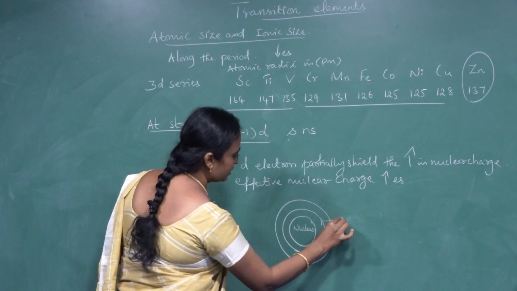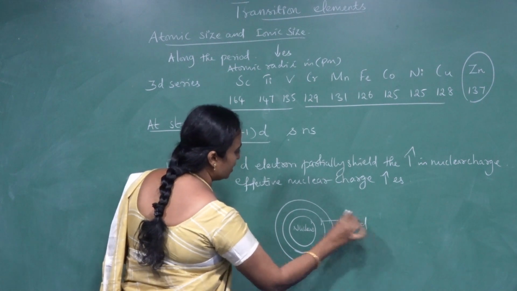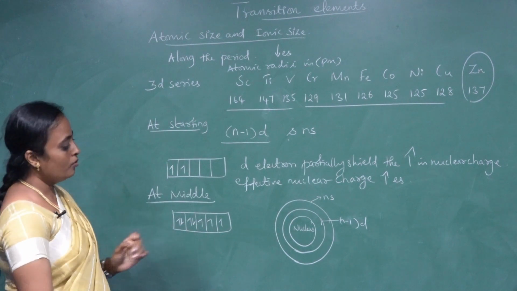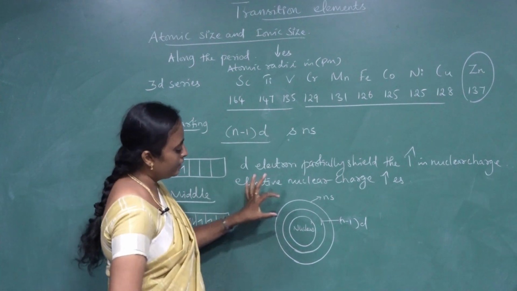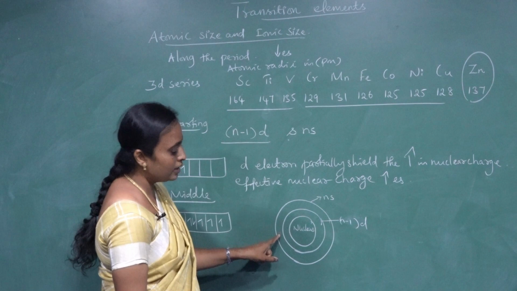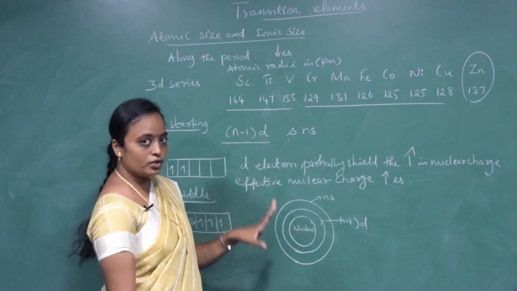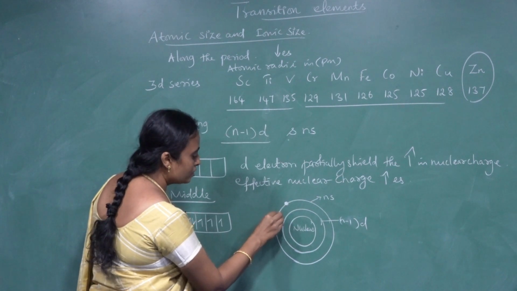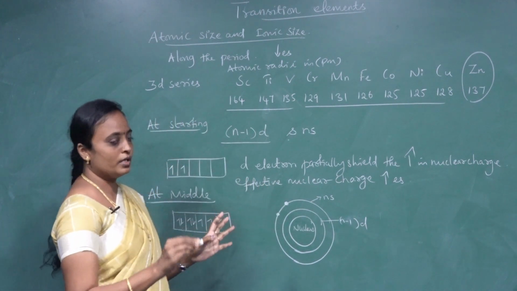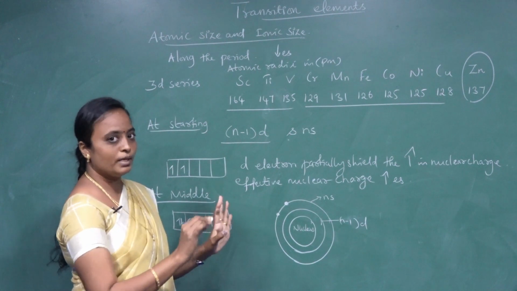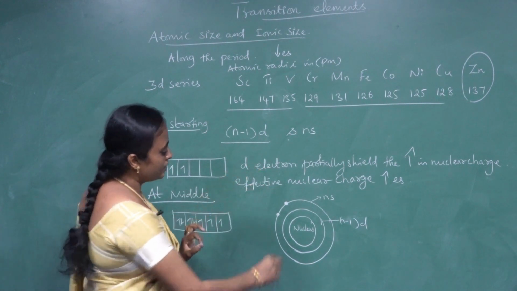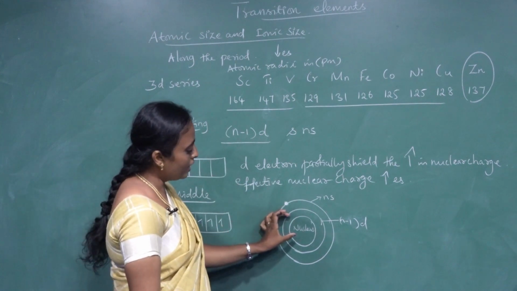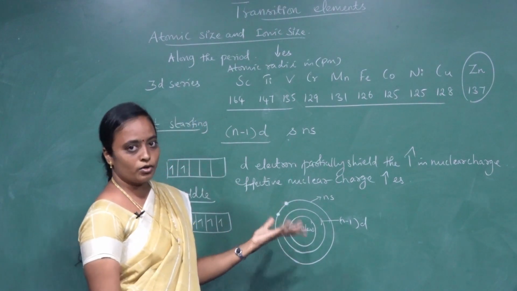Now the added electrons enter only into the n-1d shell, and the ns always consists of only 2 electrons. It depends upon the element; you may have 1 or 2, but the maximum is 2. So the ns outer shell contains only 2 electrons, and in the inner shell, depending upon the element, the electrons will be entered.